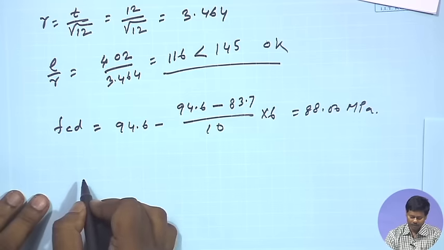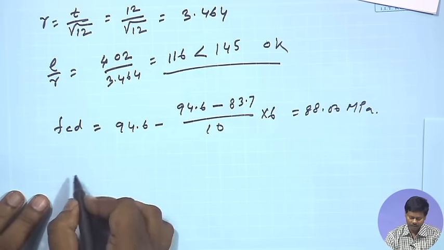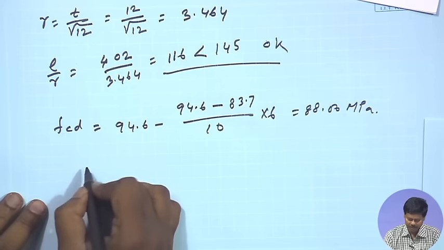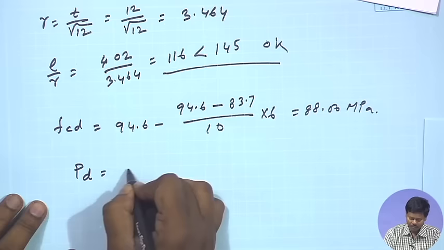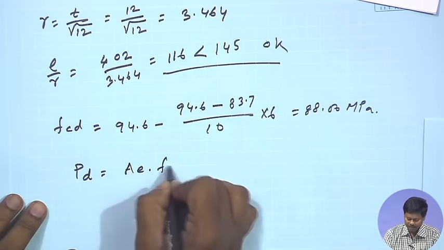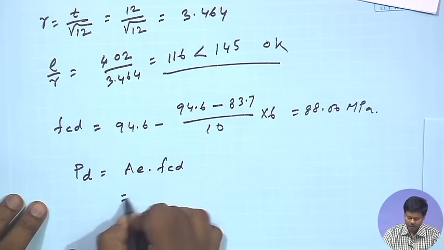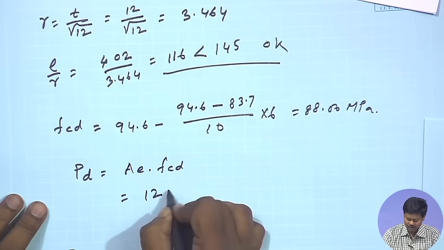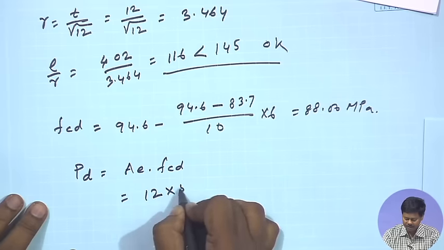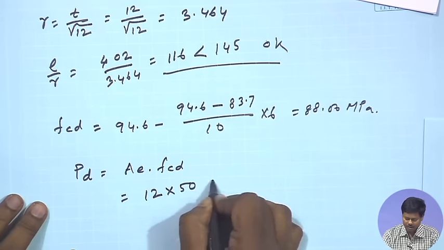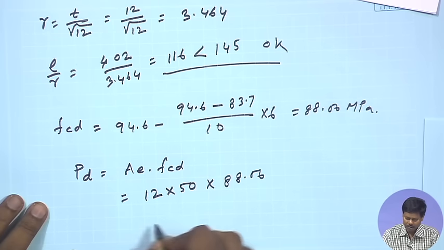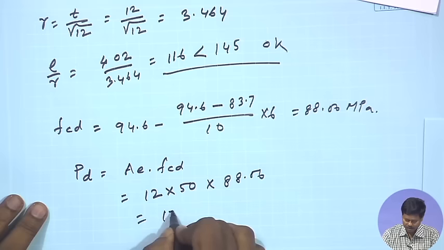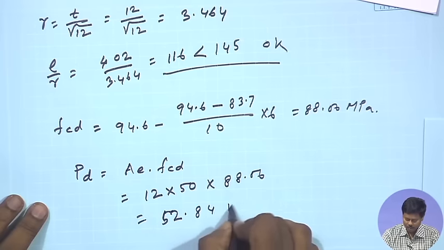Now, once we find the FCD value, we can find out the design compressive strength. Design compressive strength PD we know is AE into FCD. So, AE is the cross sectional area of the flat plate, which is B into T, into the FCD value, 88.06. So, this is coming 52.84 kilonewton.